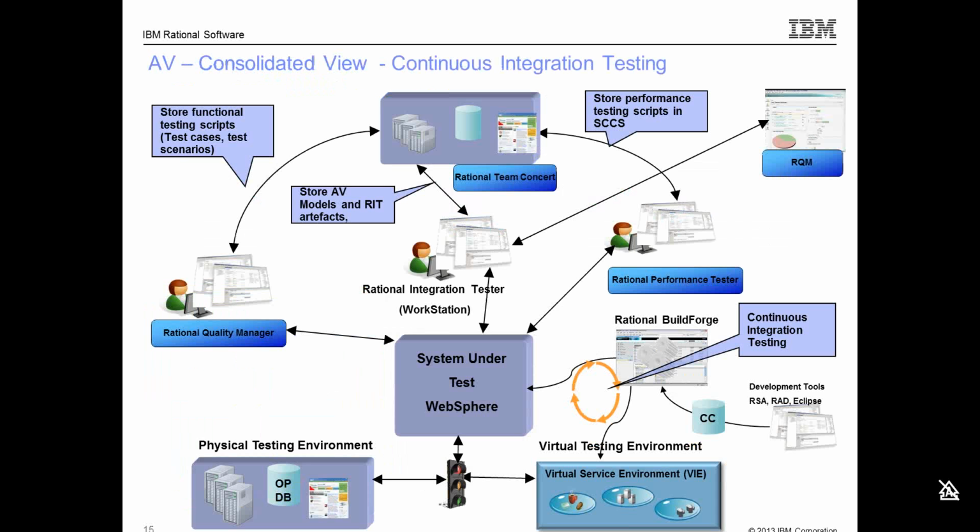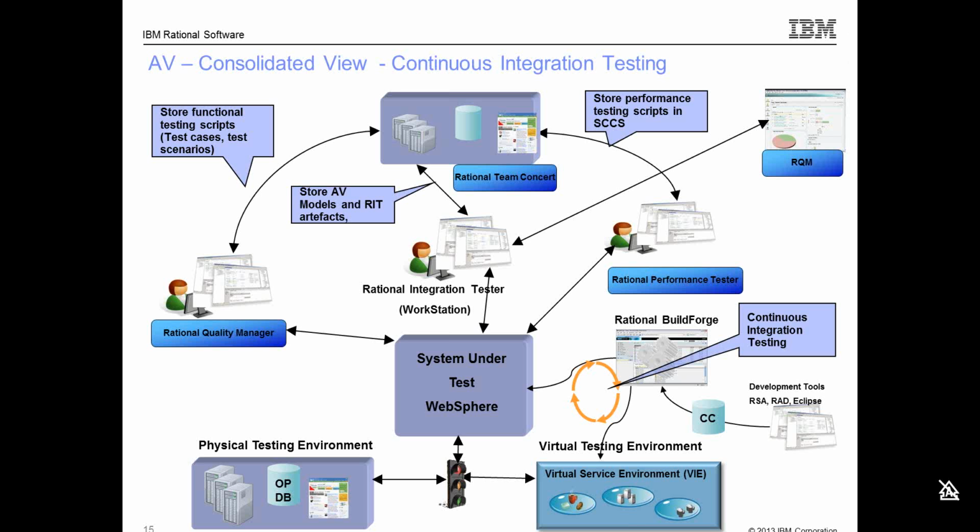So let's look at how application virtualization gives you the ability to do continuous integration testing. You have a tester working on a workstation with his Rational Integration Tester, testing the system under test.